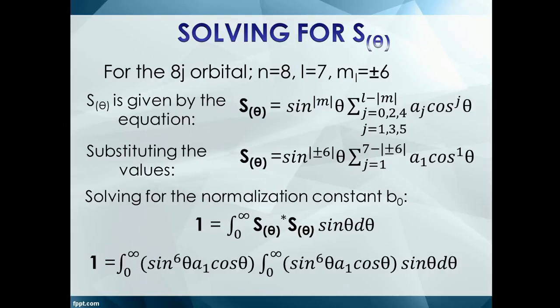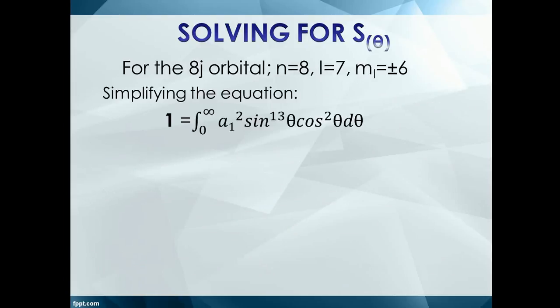So, from the equation, we get 1 is equal to the integral from 0 to infinity of sine raised to 6 theta a1 cosine theta times sine raised to 6 theta a1 cosine theta times sine theta d theta.